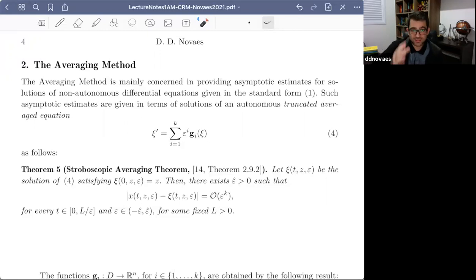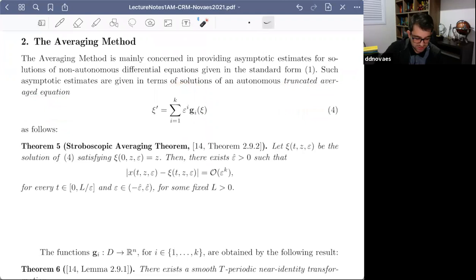The autonomous equation is given in this form. It's not well defined yet what those g_i are, but this system will be called the truncated averaged equation, and the result that gives this approximation is the averaging result.